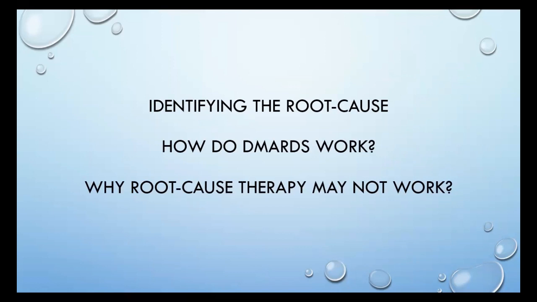In some cases, yes, but in some cases it does not work. The reason is that whatever has caused the autoimmunity to start has progressed to such an extent that just reversing the cause does not reverse the pathology of the disease. So we have to work harder to reverse the pathology of the disease.